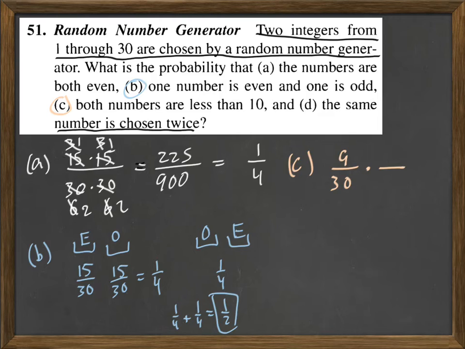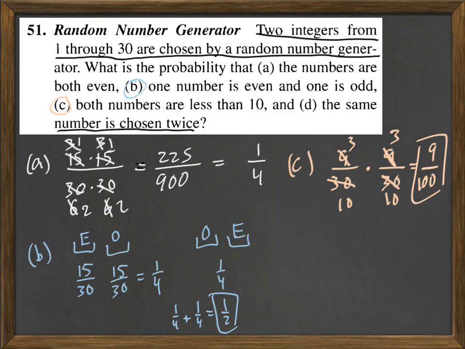Then for the next event, we have 30 again, and again we have 9 options. Let's simplify it first. This would be 10, this would be a 3, this would be a 3, and this would be a 10. Dividing the top and bottom by 3, we would get 9 over 100, and that would be our answer.